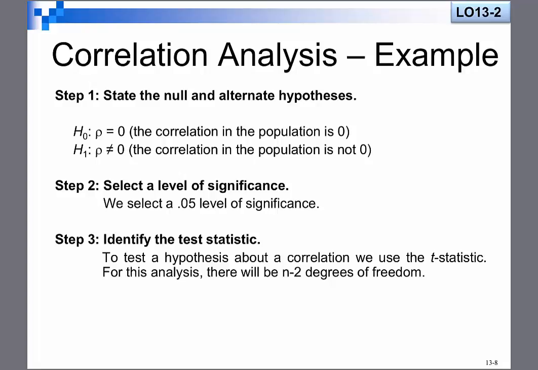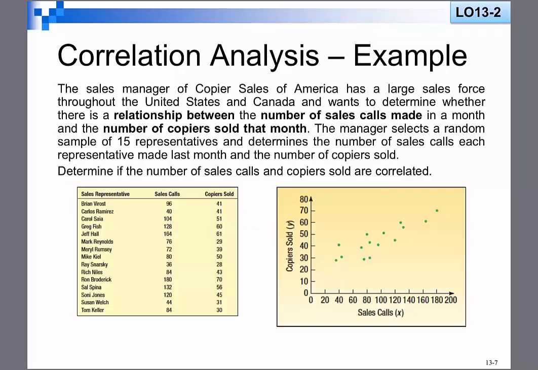And what does that mean? That means the correlation in the population is actually 0. Now, if we look at this relationship here, can we say there is a 0 in terms of copiers sold and sales calls? Can we say that the relationship is 0? I would say no. And why would you say no?